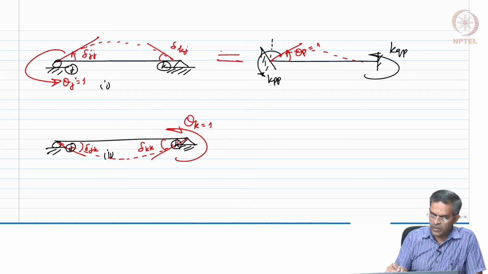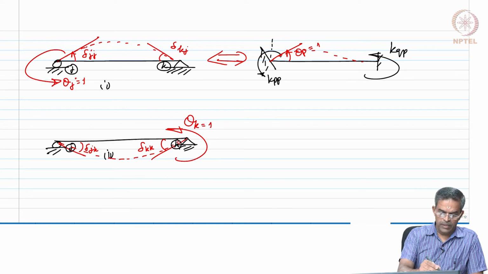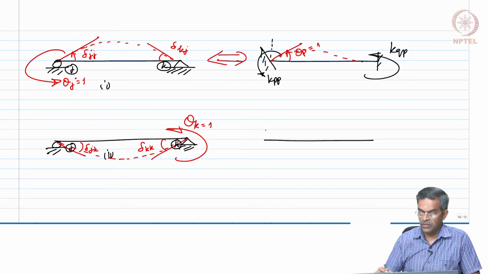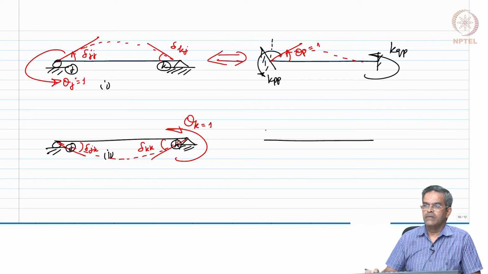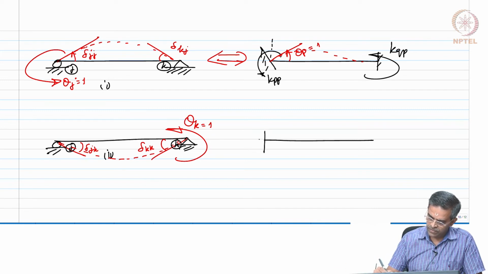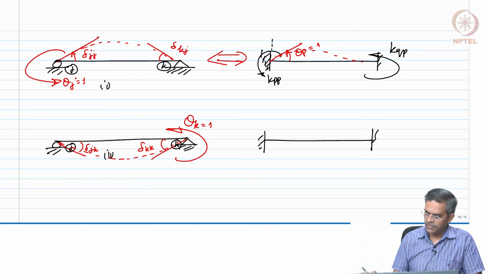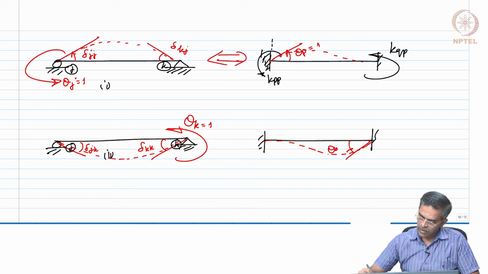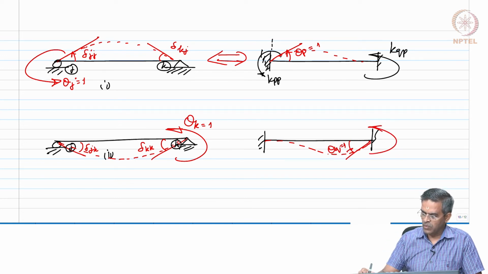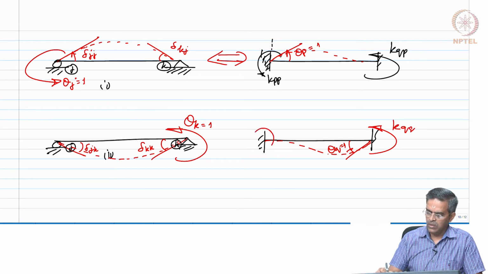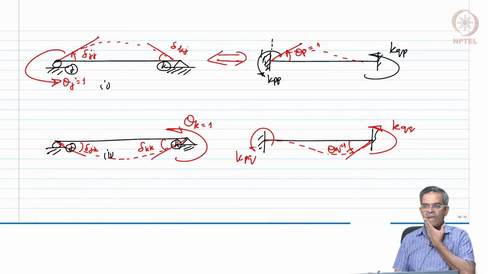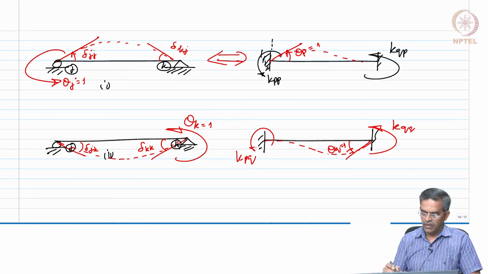I am comparing these two figures. Similarly, an equivalent figure for this would be a comparison of, we can even draw this straight. Theta q is unity and this was KQQ and this was KPQ. Am I right? And these are equivalent.